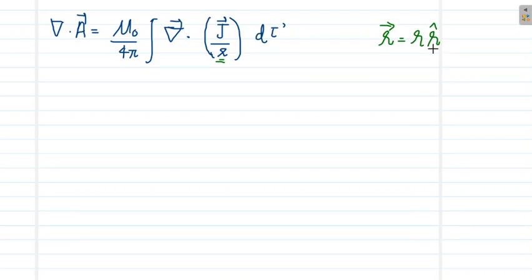R cap is the unit vector, r is its magnitude. Normally we cannot divide a vector by a vector, right? This kind of practice does not exist. A bar by b bar is not defined. So here in j bar by r, the denominator r is actually the scalar part of vector r, or its magnitude. So if we write 1 by r, that simply means it's a scalar.